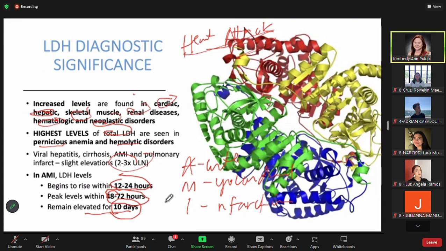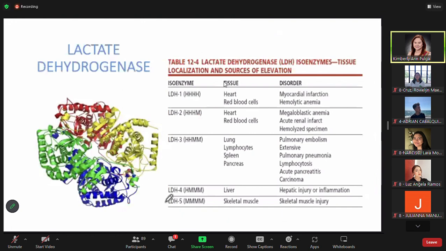Okay? So next, we have now here the isoenzymes. So ito na yung na-discuss ko din kanina, no? LDH1, 2, 3, 4, 5. So LDH1, H4 or HHHH. So kaya siya LDH1 kasi siya yung mabilis mag-migrate, no? They are separated according to their electrophoretic mobility.